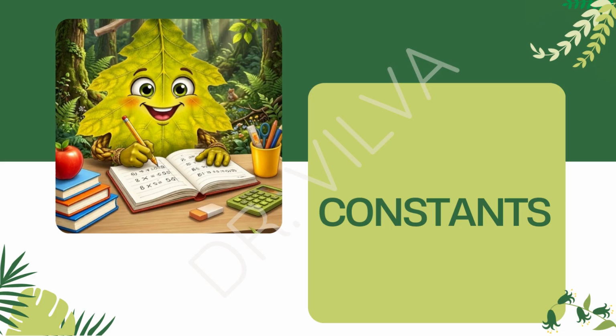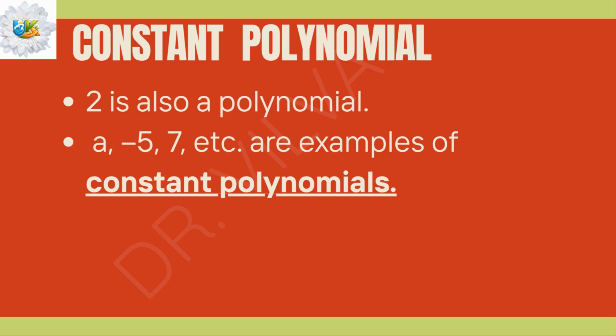Okay, we have got the basics down. But what about those weird cases where there is no variable at all? Let us talk about the constants. Sometimes you will see just a plain number like 2, minus 5 or 7. Believe it or not, these are actually polynomials. We call them constant polynomials. Think of it like this.